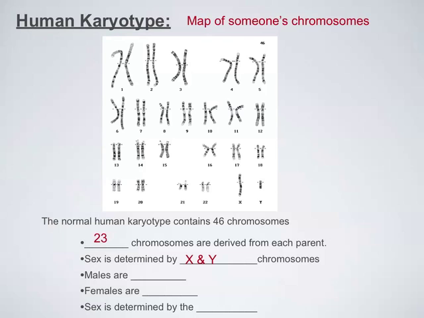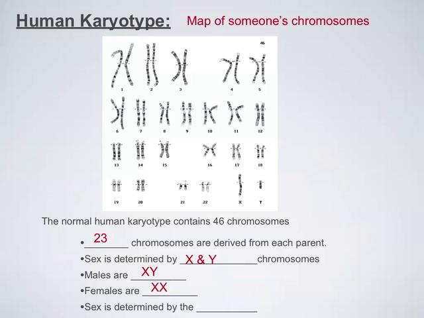Now, males have which two sex chromosomes? Thomas? Yeah, an X and a Y results in a male. What about a female, Sophia? XX. Yeah, two X chromosomes results in a female.